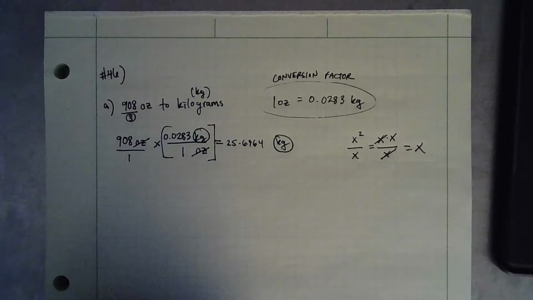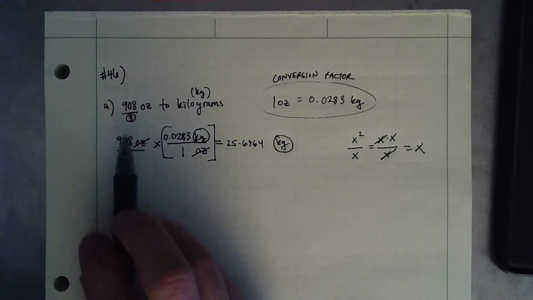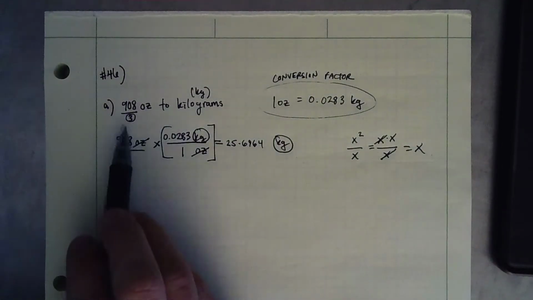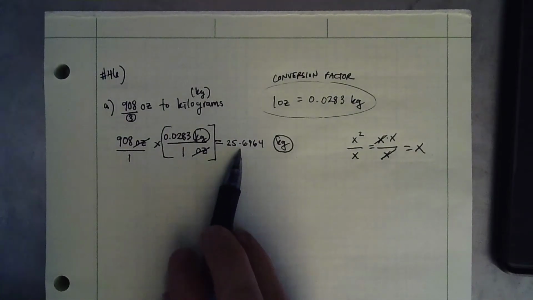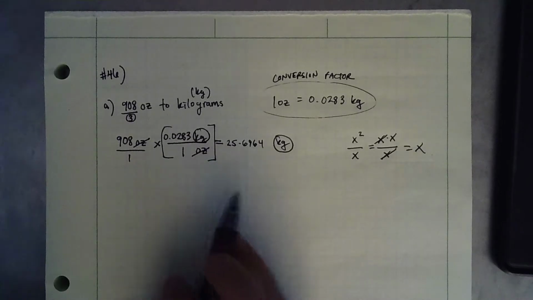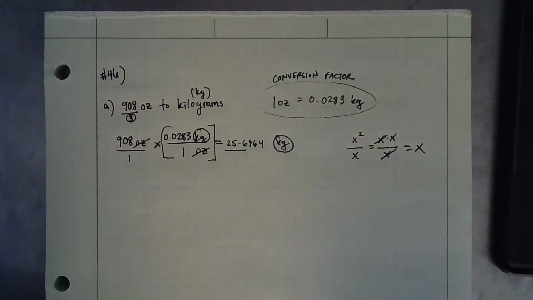Now I want you guys to practice this. That's the goal. It's okay if we're not perfect at this, but the goal is to work on it. So if our starting number is 3 significant figures, our final answer should be 3 significant figures. So I'm going to round this number to 3 significant figures.